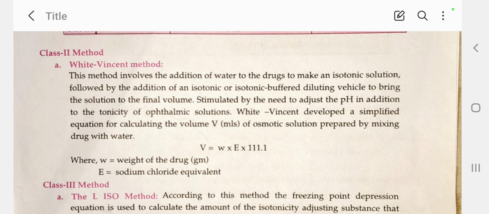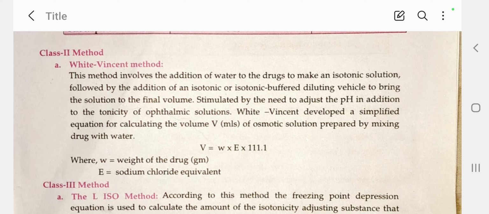In this session we continue the previous session's calculation part on how we can adjust the tonicity and pH of a pharmaceutical solution or drug substance. In the previous session we already discussed the class 1 methods, subclassified into the sodium chloride equivalent method and the cryoscopic method.